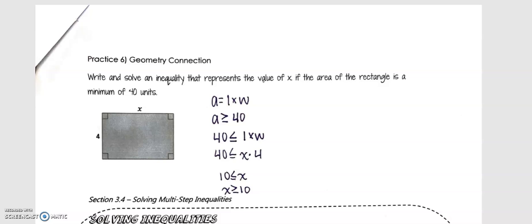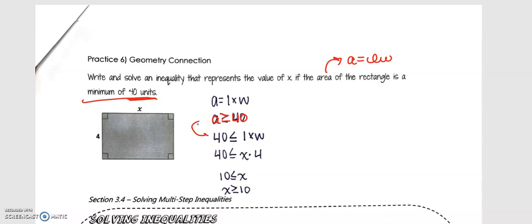It says, write and solve an inequality that represents the value of x if the area, so remember, area equals length times width, of the rectangle is a minimum of 40 units. So let's just set this up. Here's my formula, area equals length times width. The area has to be a minimum, so that means it's going to be greater than, that's the smallest value, greater than or equal to 40.